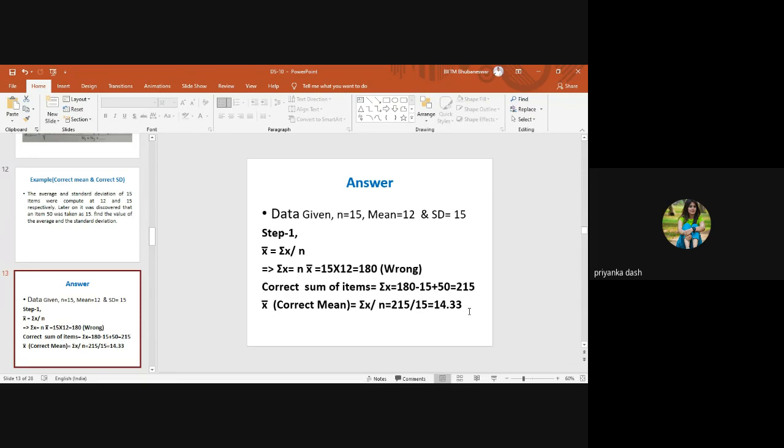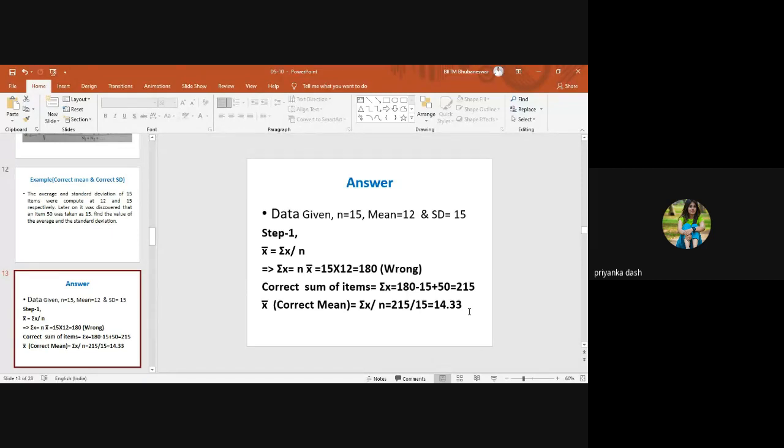We don't have the value of summation of x, so we have to identify it. That is why I calculate the sum, which is 180 as per the given data.